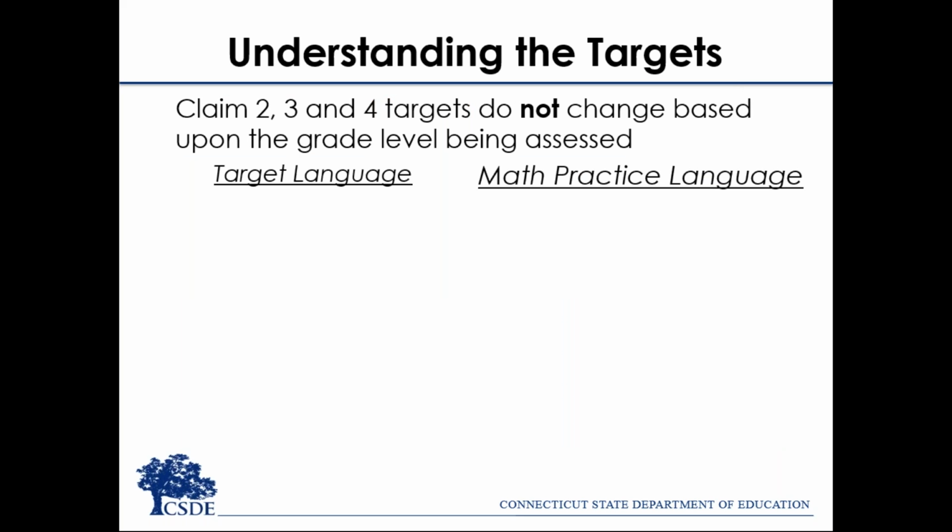Claims 2, 3, and 4 do not change based upon the grade level being assessed. These targets remain consistent. And the target language for Claims 2, 3, and 4 is drawn directly from the math practice language.